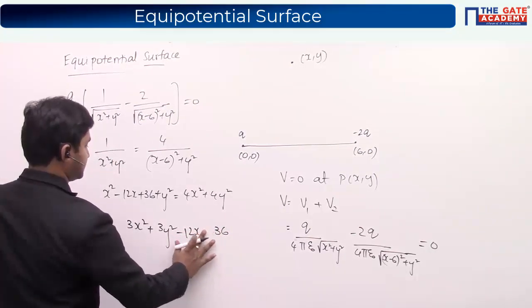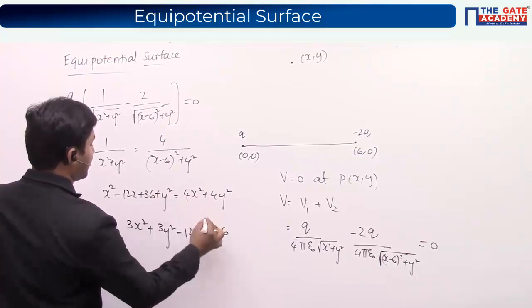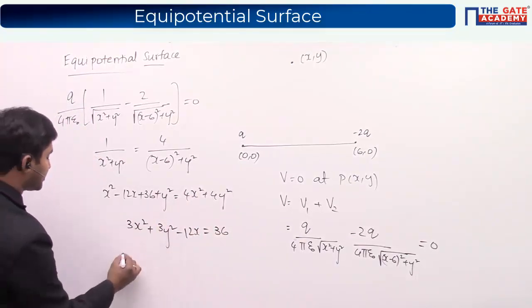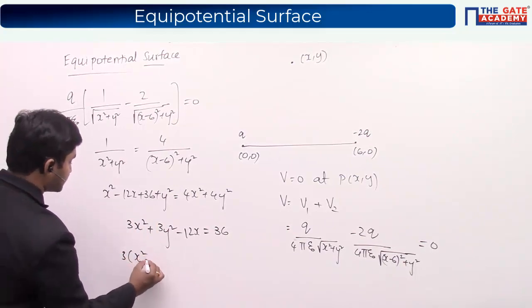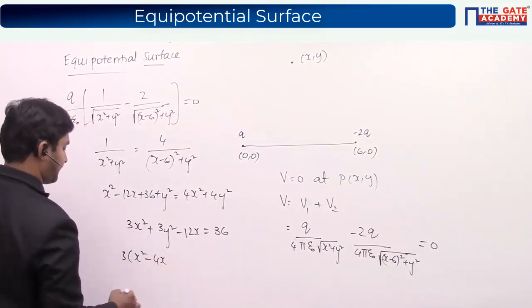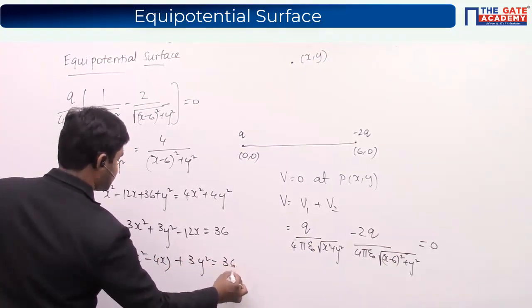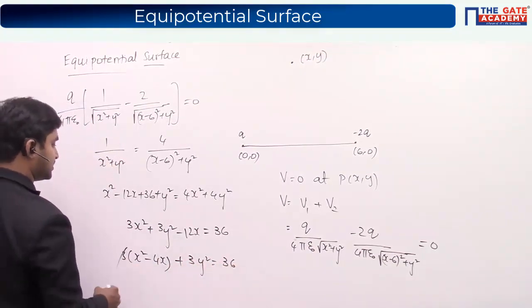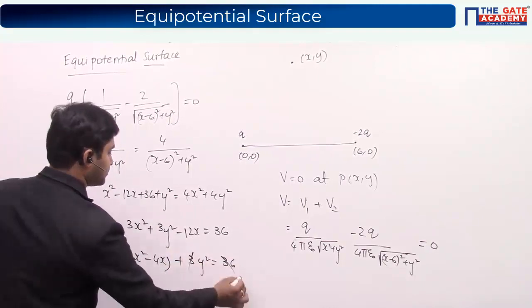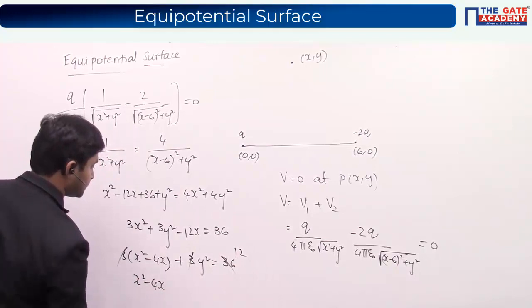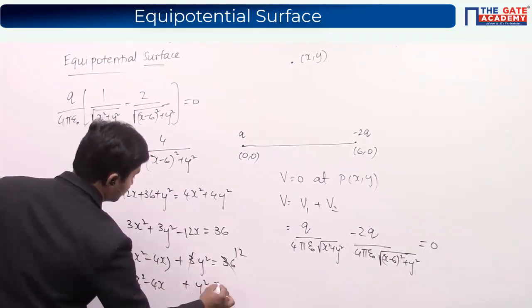If I keep the 36 to the other side, then taking 3 as common, x square minus 4x plus y square is equal to 36 divided by 3, so 3 gets cancelled out and this becomes 12. So x square minus 4x plus y square is equal to 12.